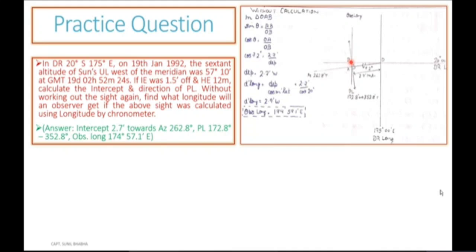So repeating again, if we had worked out this site using longitude by chronometer formula, the point which we would have obtained is point Bravo. So if I can find out the longitude of point Bravo, that would be my observed longitude. So how can we find the longitude of point Bravo?